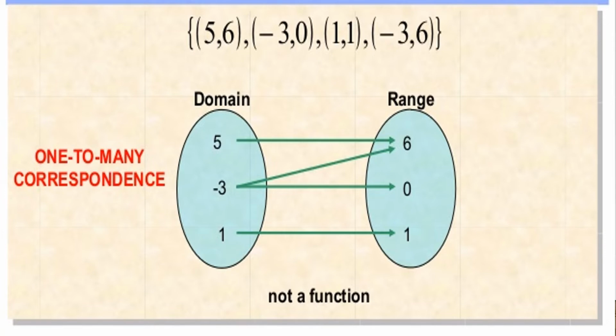So, yung ating domain ay 5, negative 3, and 1. So, yung ating range naman ay 6, 0, and 1. So, it is not a function. Bakit? Kasi, yung ating x ay dumoble. Okay? Which is yung negative 3. So, yan ay one-to-many correspondence.